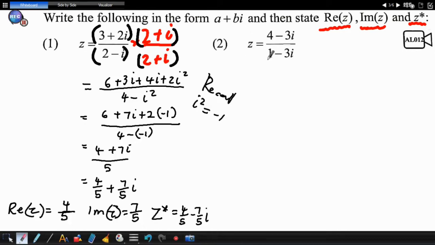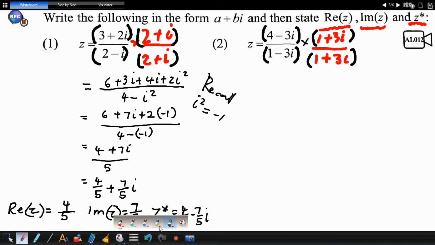Let's look at this question. This question, again, we are just going to look at the conjugate of the denominator. And the conjugate of the denominator will be 1 plus 3i and 1 plus 3i. Okay, so if I now want to work this out by simplifying, I'm basically going to do the same thing I did in the previous question.